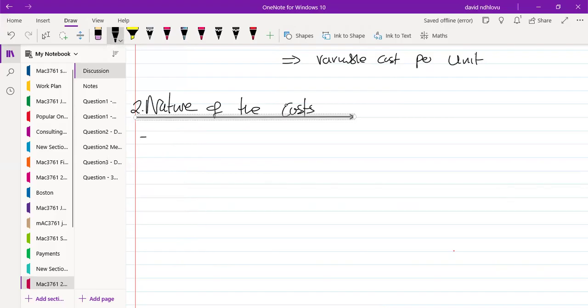So when we classify cost according to the nature, we identify costs by the division where it is incurred.